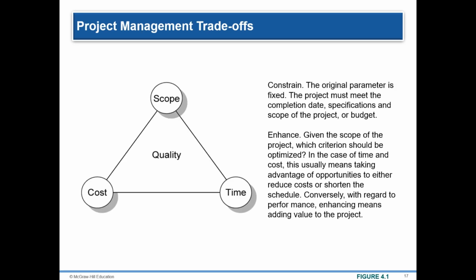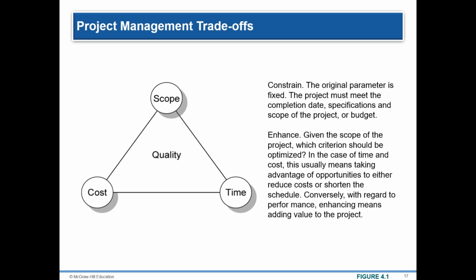One technique found in practice that is useful for this purpose is completing a priority matrix for the project to identify which criterion is a constraint, which should be enhanced, and which can be accepted.